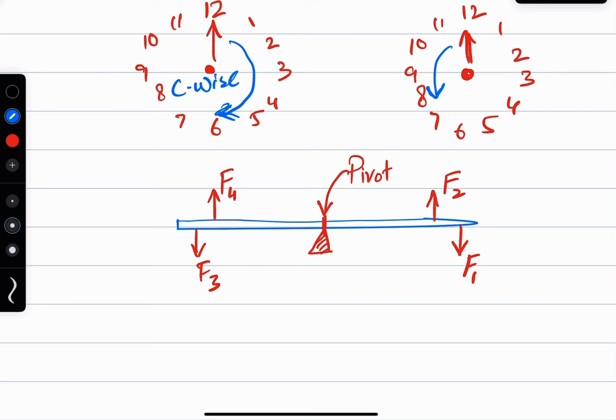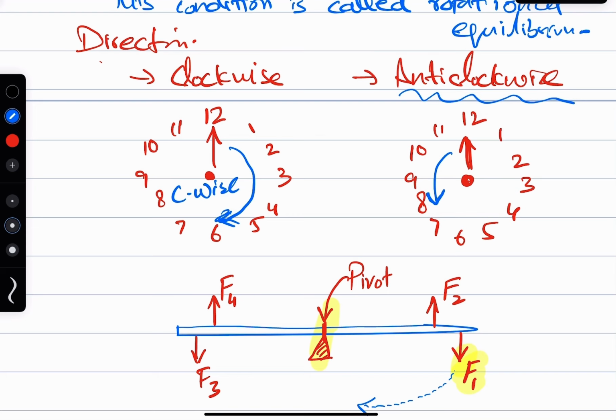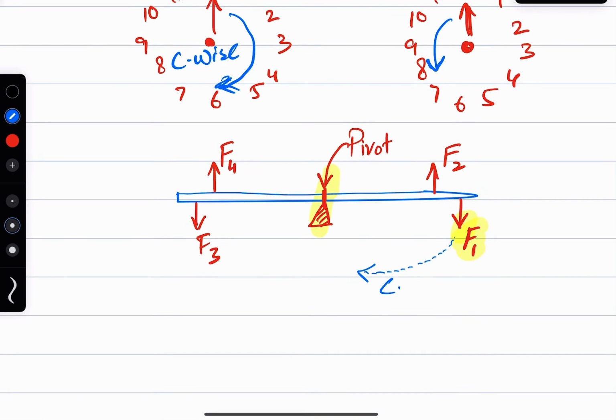Let's discuss F1. Considering F1, the pivot point is on the left side. This is the pivot point, this is the force. If we extend this arrow from F towards the pivot, it will make this type of direction. This is the clockwise moment, in the direction of the clock, if you consider the previous diagram that I made. So force acting on the right side of the pivot point in the downward direction will produce clockwise moment.